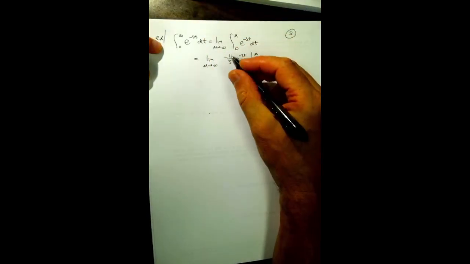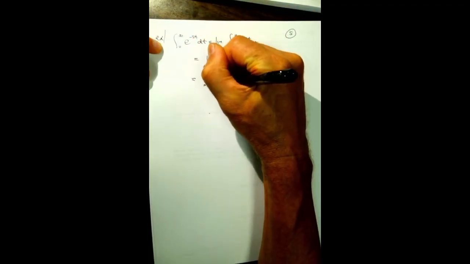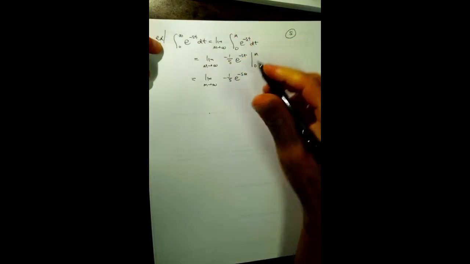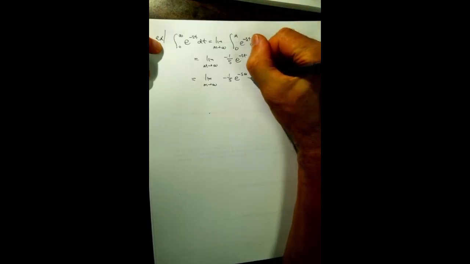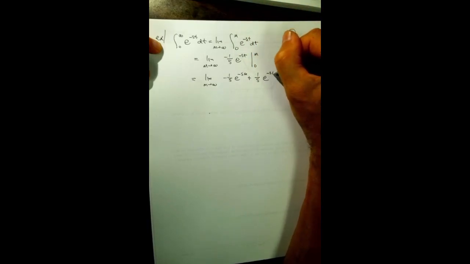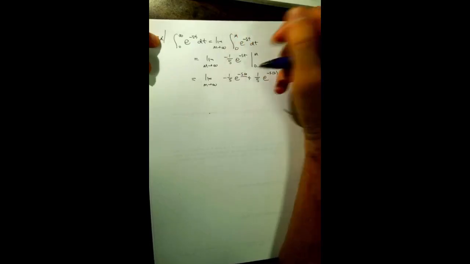So my integral looks like e to the minus 1 over s times e to the minus st. The bounds go from 0 to m. So I can plug in the bounds. I get minus 1 over s times e to the minus s times m, minus a minus 1 over s. And now I plug in t equals 0, so I get e to the minus s times 0. I have to be a little careful.